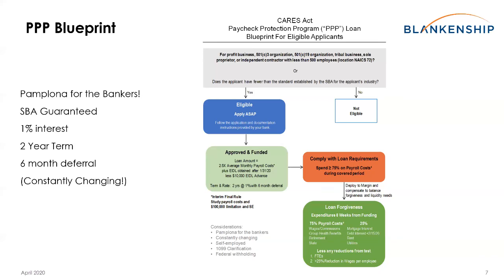And this is a more attractive loan than you could get in normal circumstances from your bank. The portion that is not forgiven is going to have a 2-year term of maturity with a 1% interest rate, no personal guarantees to the business owner, and it's unsecured with no collateral required. The first 6 months of loan payments are going to be deferred. This is a loan that we would not be able to get under normal circumstances from our banker.